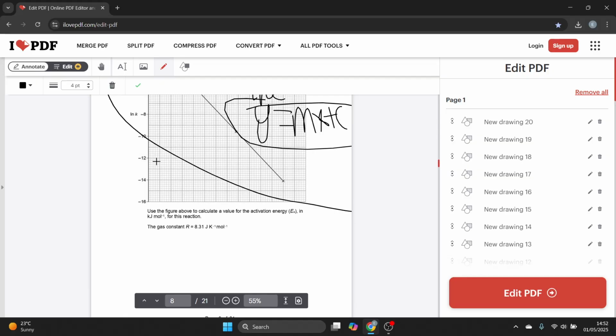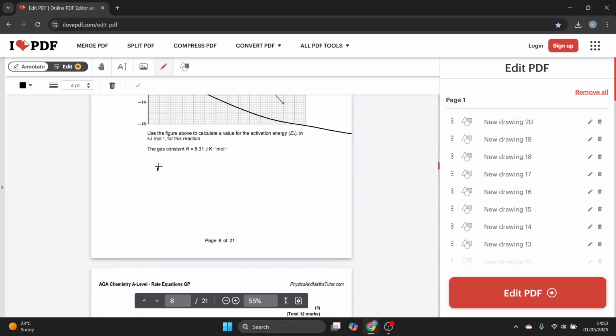Let's say I get the gradient as minus 21731. So minus 21731 equals minus EA over R. Negatives cancel out.